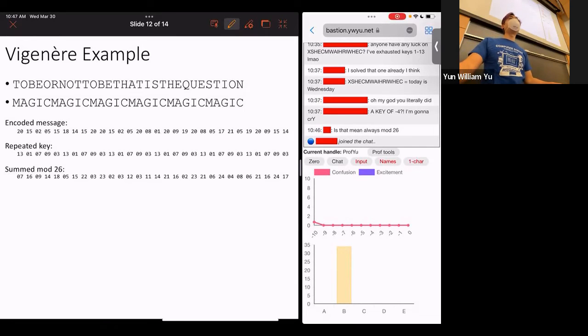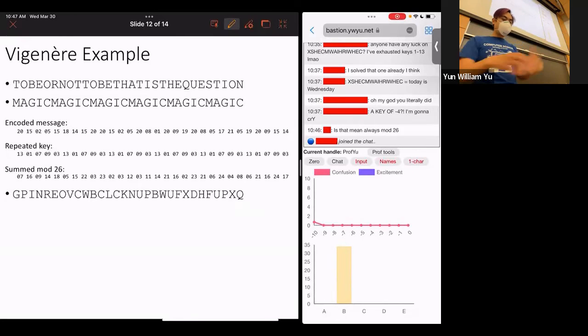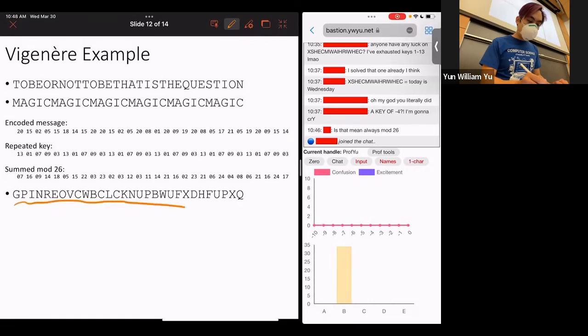This is a much more sophisticated encoding, and turns out to be a lot harder to break because each position is encoded with a different key. There's some amount of repetition in the key, but this makes it a whole lot harder to break. The encoding for this particular example looks like this. And one of the really interesting things is that if you look at the frequencies of letters, the frequencies no longer match English.